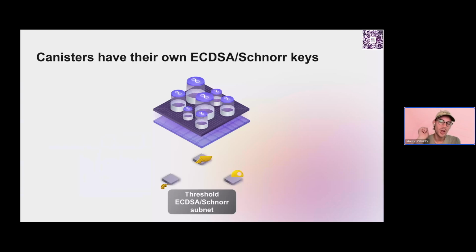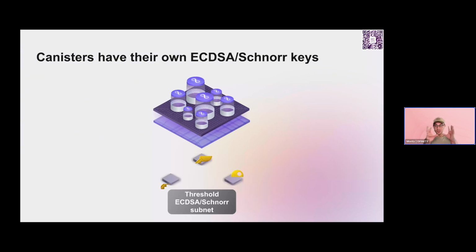And here, at least 1/3 of the nodes is required to jointly create a signature using their respective key shares or secret shares. And through this, canisters have control over a unique ECDSA and unique Schnorr key pair, and they can request signatures with the corresponding private key to be computed.